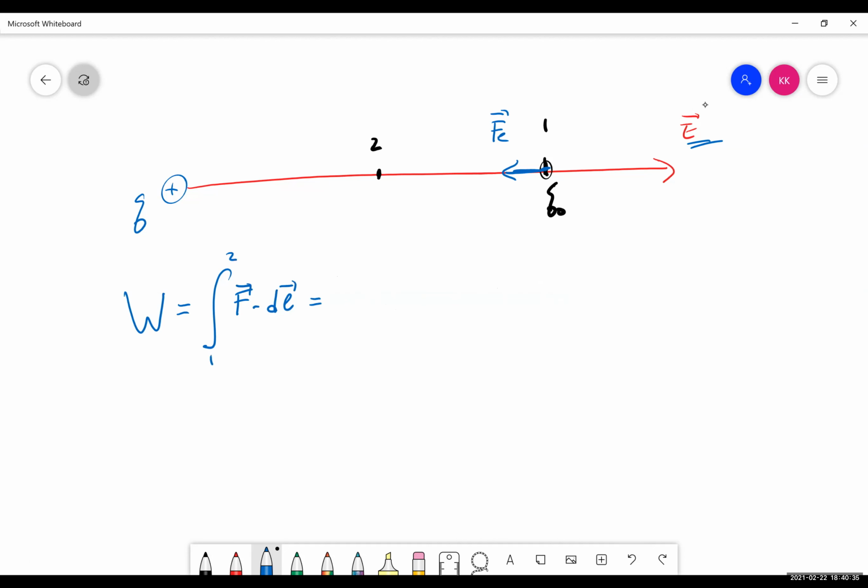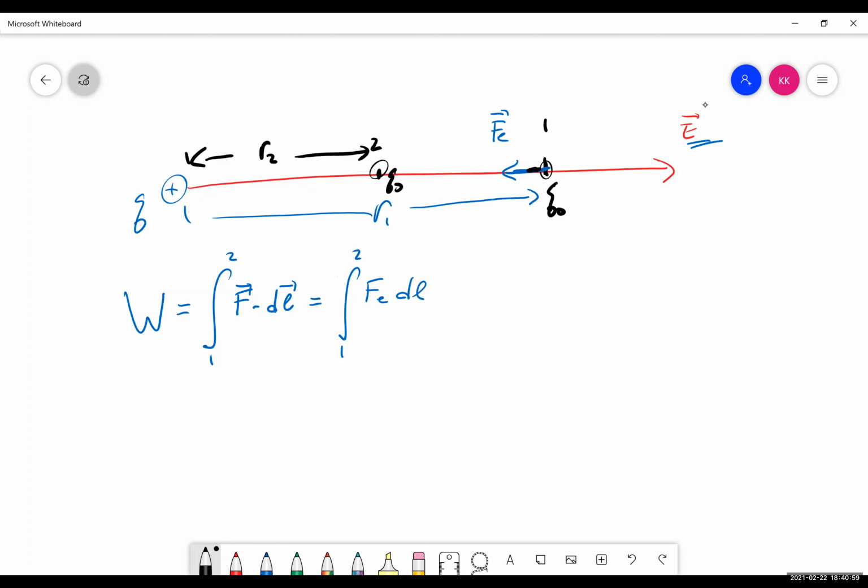It's path dependent, because those two particles right now are one distance apart, but when this q naught gets here, then there will be r2 distance apart, and we know that force is going to be different. So I can't remove that. That means that you just choose a small infinitesimal dl, and then basically work with that.